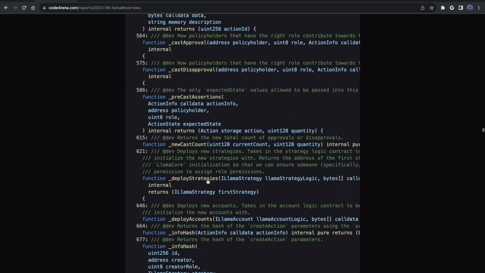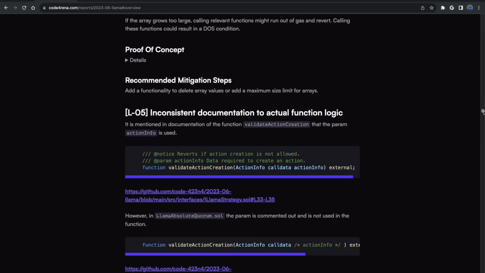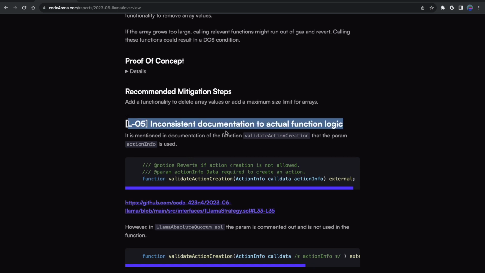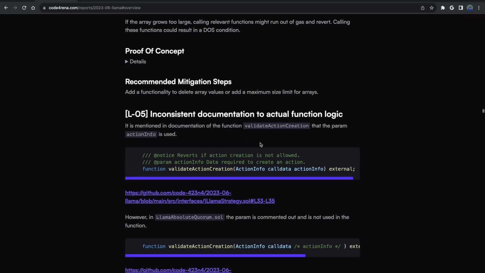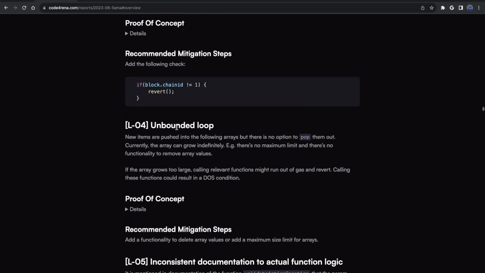These are great findings for you to understand just those lower level bugs that still provide value to a contest and to developers, but it may not just be one of those high severity, really impactful vulnerabilities. Look at this one, a low: inconsistent documentation of actual function logic. This got someone paid. An unbounded loop.